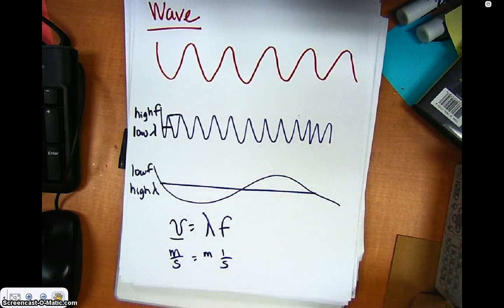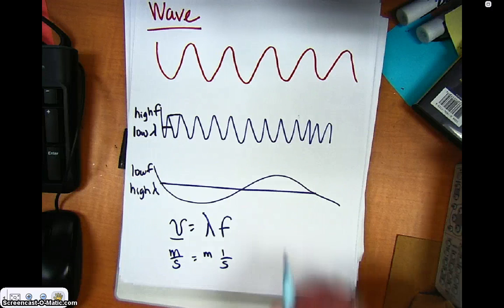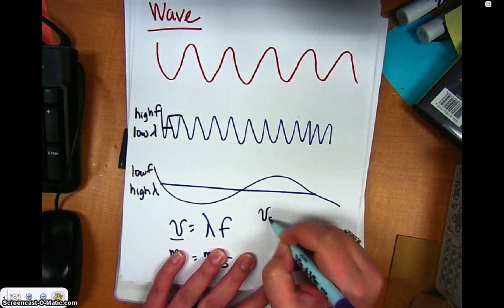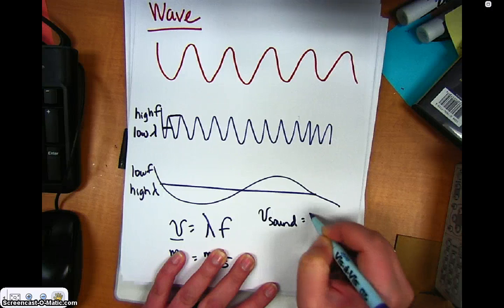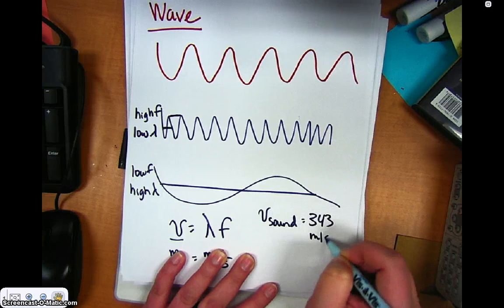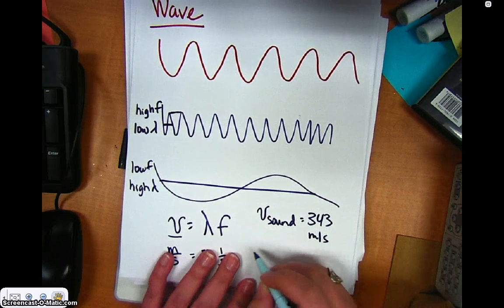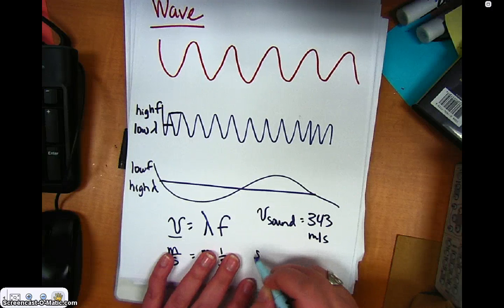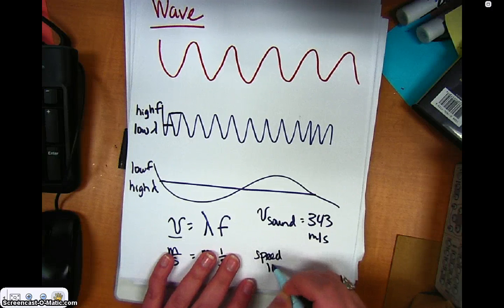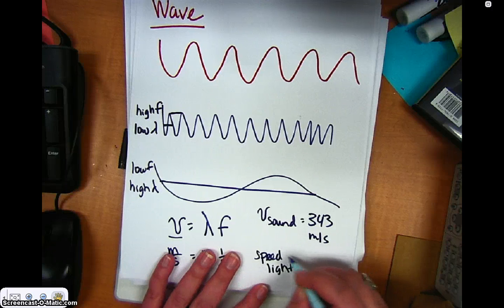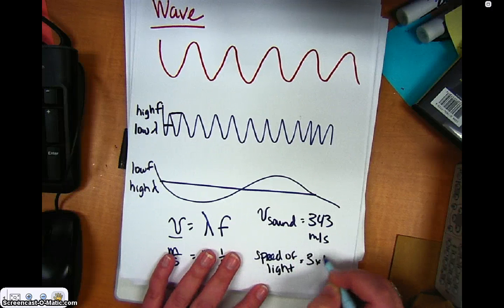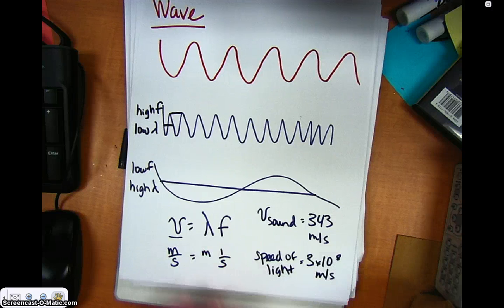A lot of times we might be calculating velocity, but again, remember that we just said that the velocity of sound in air is 343 meters per second. And we also know the speed of light in a vacuum, which I'll mention again later when we get to light. But that is 3 times 10 to the 8th meters per second. So sometimes based on what type of wave we're looking at, we actually know the velocity and can use it to calculate the other variables.